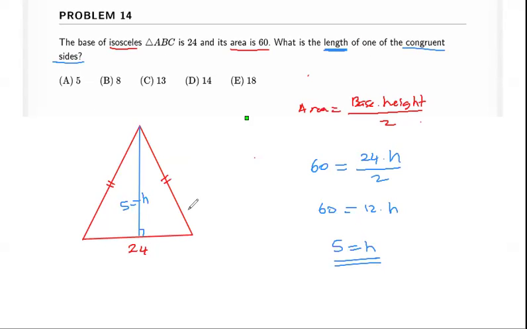So we are looking for this side or that side. Since this is an isosceles triangle, the base will be split into two equal pieces, meaning that this is 12 and this is 12. And there is now a right triangle. If I name these A, B and C, and this is H, the triangle AHC or AHB is a right triangle.